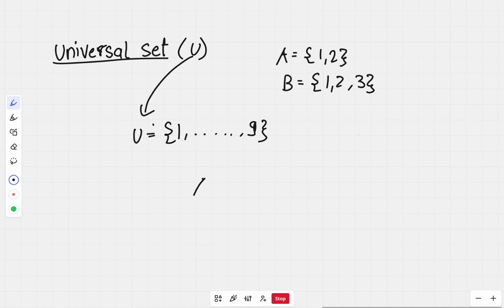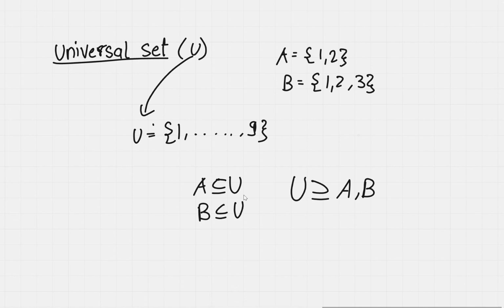So we can write A is a subset of U, B is also a subset of U, and U is the superset of A and B. This is the use of the universal set. It is used to define or limit the number of values in a particular problem so that a set contains only values ranging from, for example, 1 to 9.